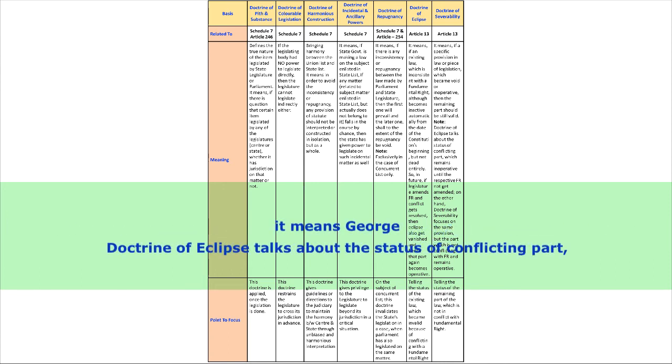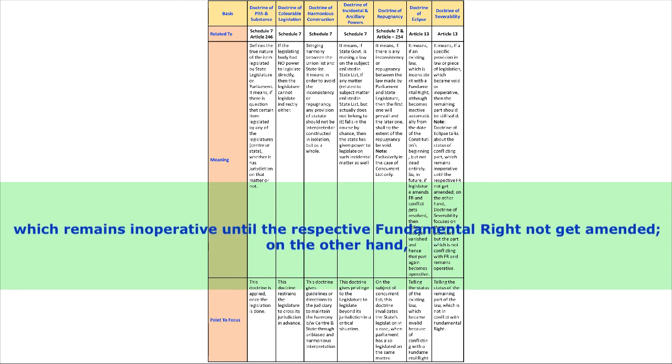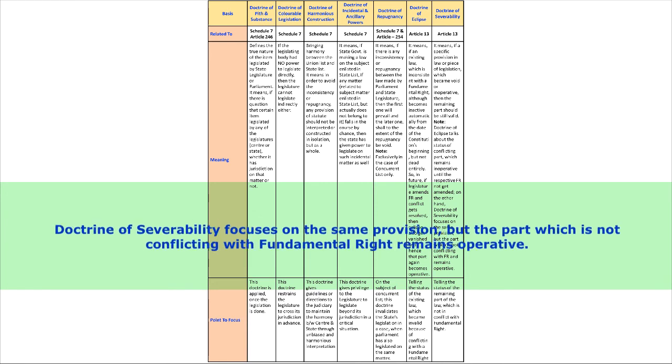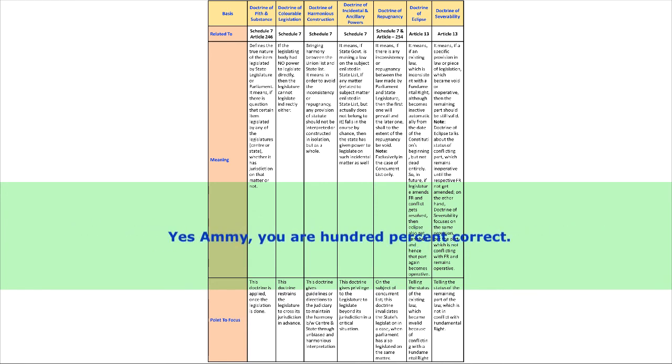It means, George, the Doctrine of Eclipse talks about the status of the conflicting part, which remains inoperative until the respective fundamental right is amended. On the other hand, the Doctrine of Severability focuses on the same provision, but the part which is not conflicting with the fundamental right remains operative. Yes, Annie, you are 100% correct.